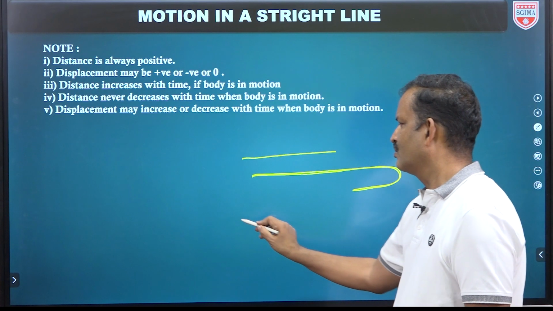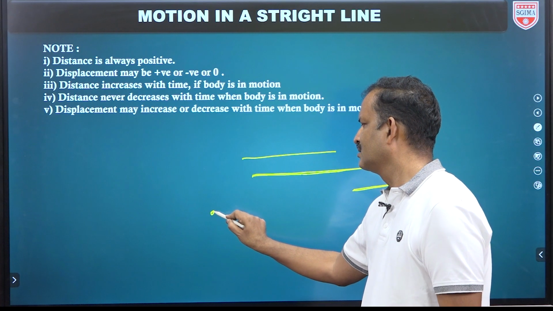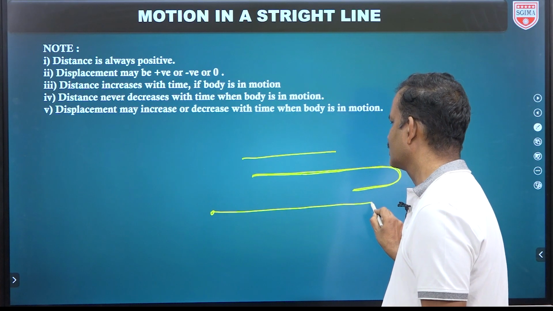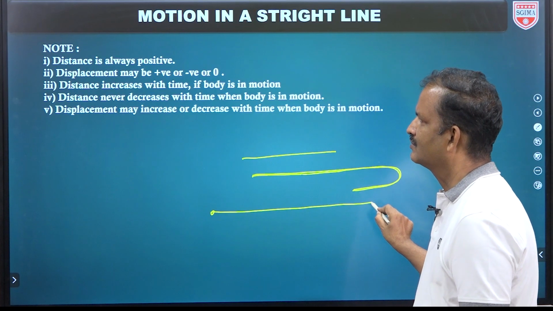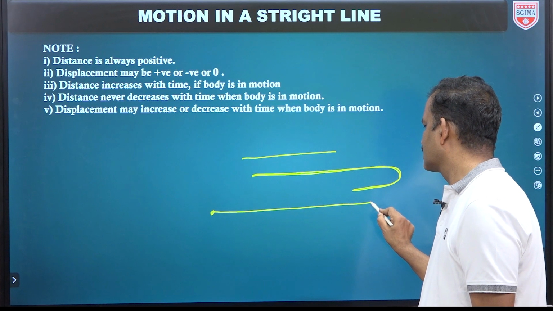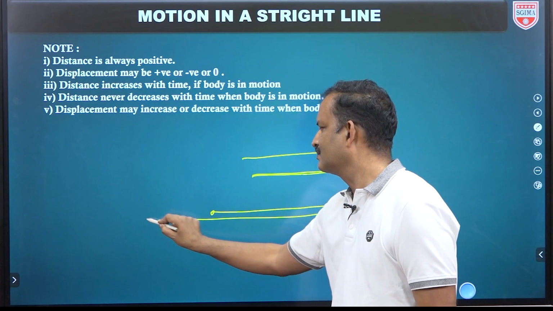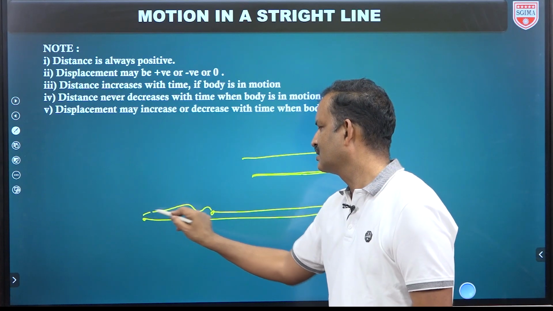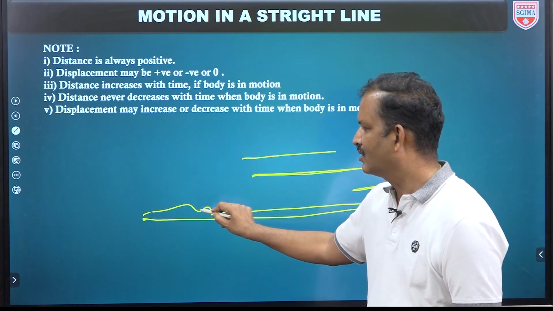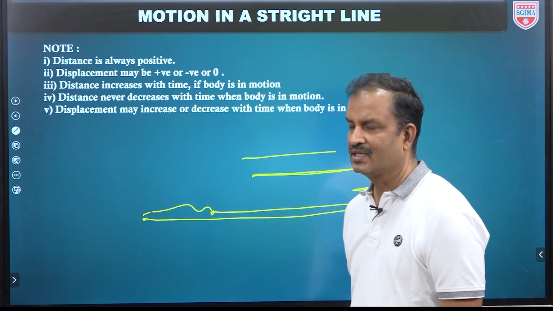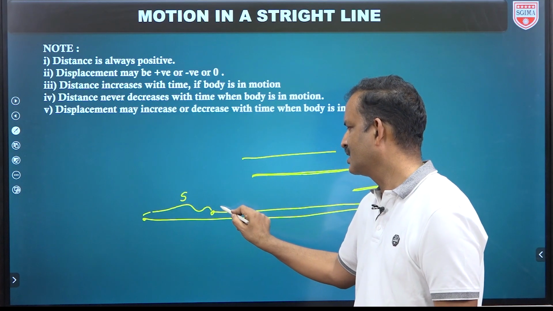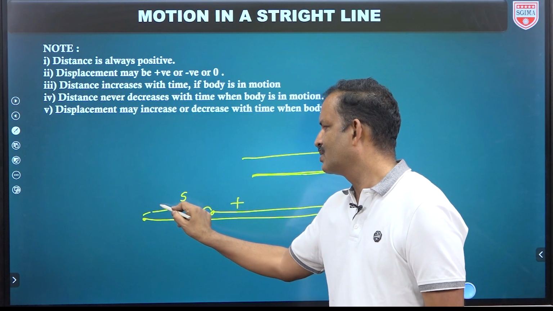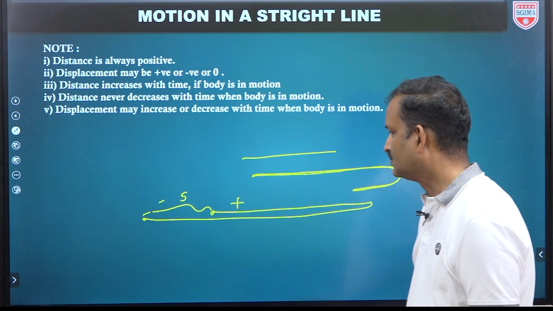For example, the body started here. It is going in this way. So, displacement is positive. Suppose it is coming in this way. That means this is the displacement. Initially it is at this point, finally it is at this point. If this displacement is positive, then that displacement is negative.